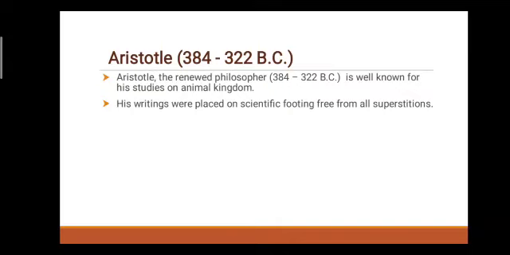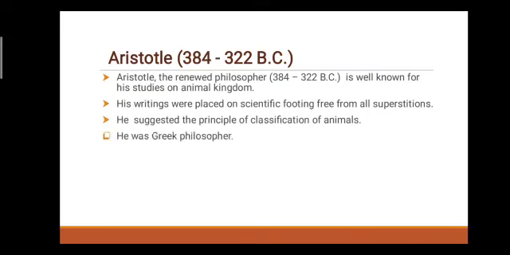His writings were placed on scientific footing, free from all superstitions. He suggested the principle of classification of animals. He was a Greek philosopher. He explained his history as the origin of the universe, the sun and earth.